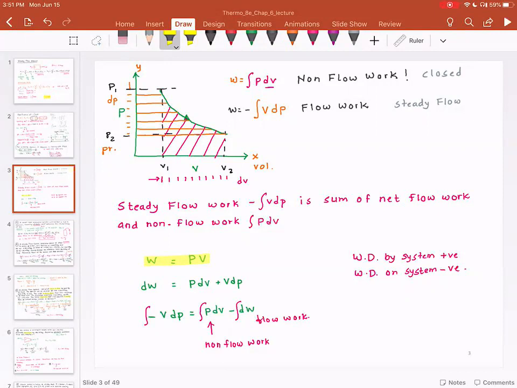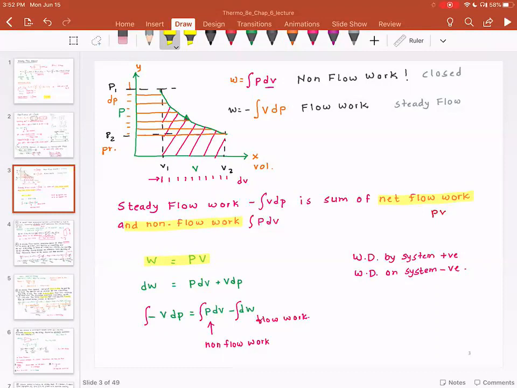Now, if you look at integral minus VDP, it is the sum of net flow work, which is PV, and the non-flow work. So that is what it means by the differentiation between the PV and integral PDV.